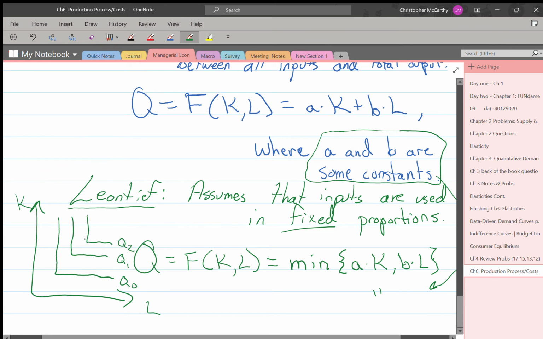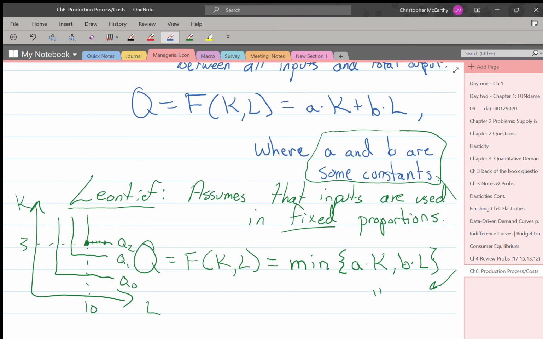Essentially I need this amount of capital and labor in order to produce this amount of quantity. Increasing the amount of labor isn't going to increase my quantity unless I also increase it with a corresponding amount of capital. Each one of these corresponds to a different amount of quantity.